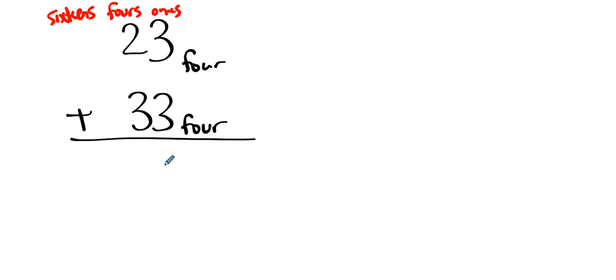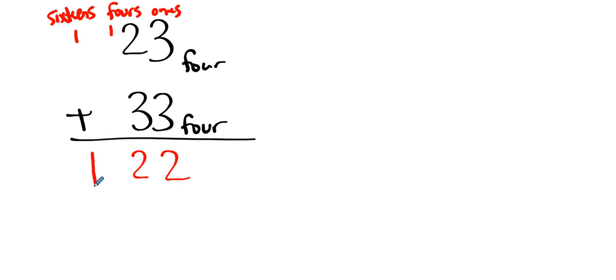So when we think about 6, 6 is a 4 with 2 left over. So we bring the 4 into the 4s column. And then we have 1 four and 2 fours and 3 fours. That's 6 fours. 6 fours, that's 2 fours and a 16.